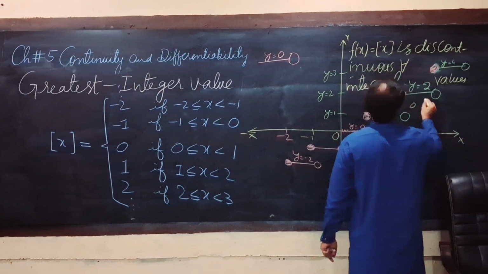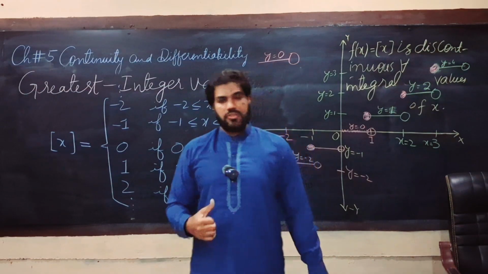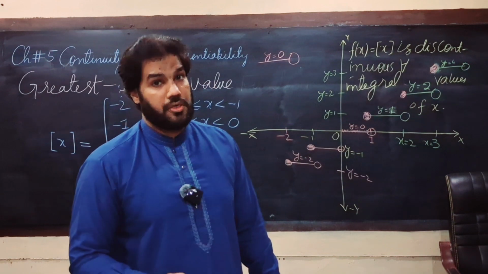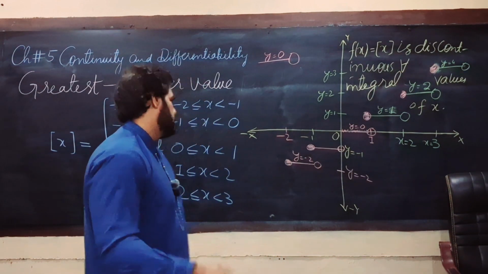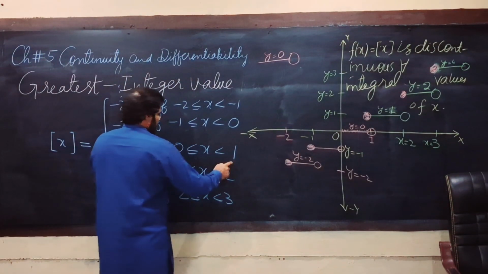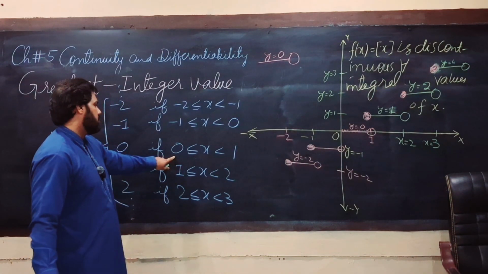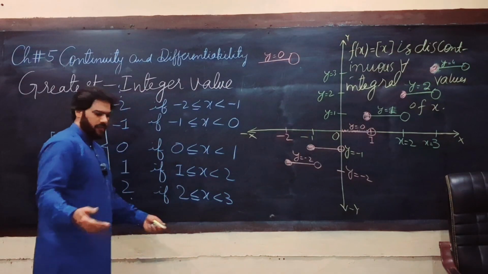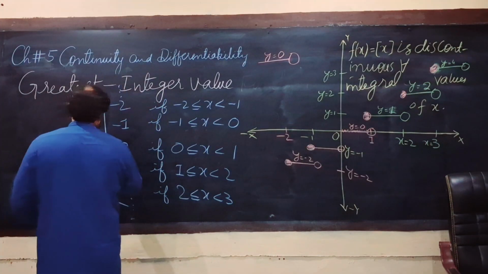Are there values for which this function is continuous? Yes. For all values which are real but not integral, this function is always continuous. For example, if you take any real number x between 0 to 1 that is not an integer, meaning you cannot take 0 here, any value that lies between 0 to 1 will be a real number in decimal form. Your function is always continuous.